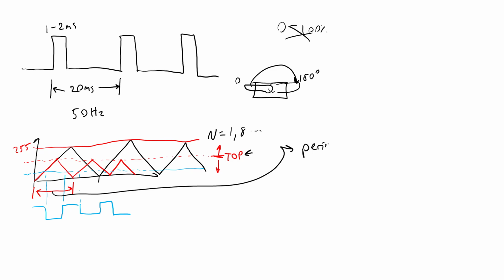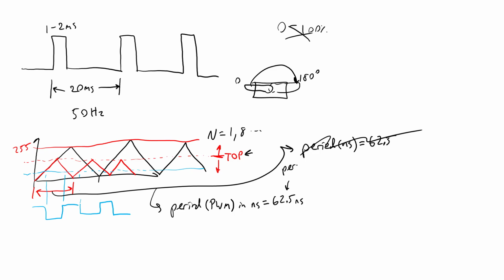So the period of my PWM signal in nanoseconds is going to be equal to 62.5 nanoseconds, which is still the period of 1 clock tick, times 2, because the timer is counting up and back down, times my top value times my prescaler value.